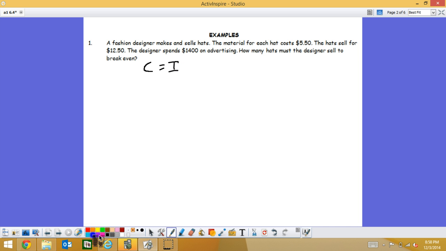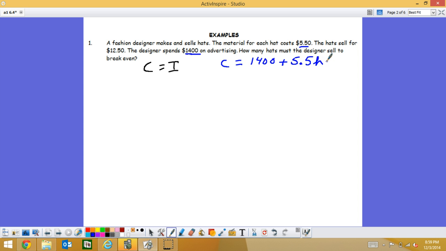Okay, so when we do this, we'll figure out the costs first. So we'll set the costs, and the cost for making these hats is a $1,400 initial charge for the advertising, and there is an additional fee of $5.50 per hat.